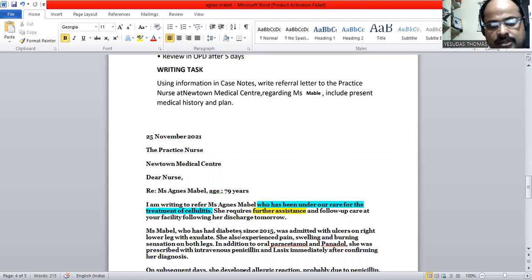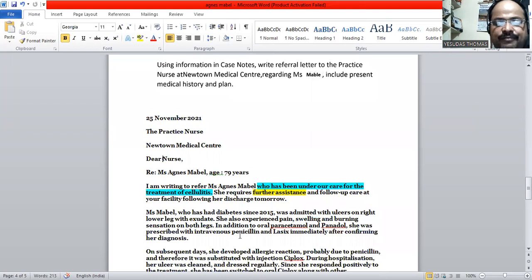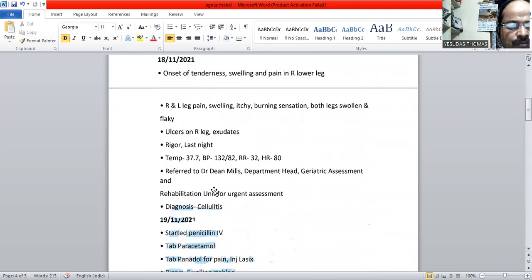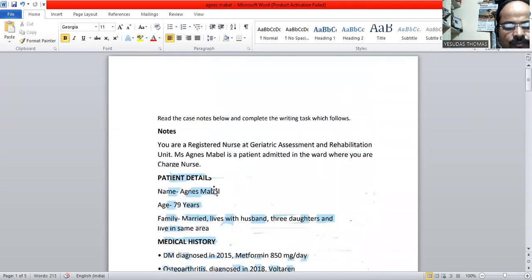Miss Mabel, who has had diabetes since 2015, was admitted with ulcers on right lower leg with exudate. Here we have a bit of confusion about where she was admitted. She is at the geriatric assessment and rehabilitation unit.